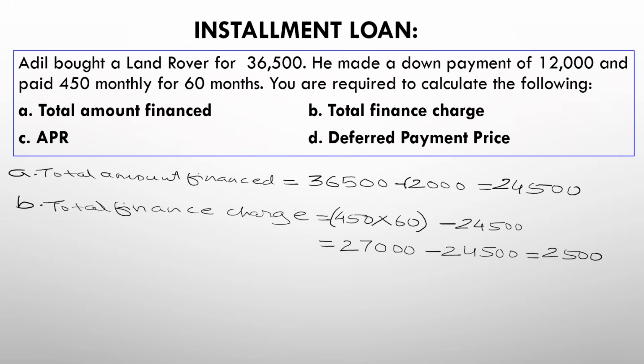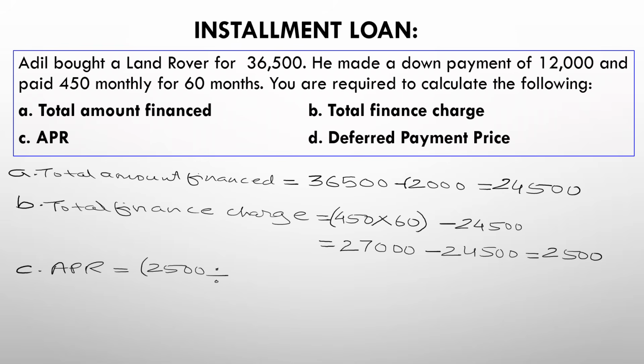Now the third one, that is C. C is what? APR. Remember the formula of APR. So the formula for APR is finance charges, 2,500, divided by loan taken, meaning amount financed.